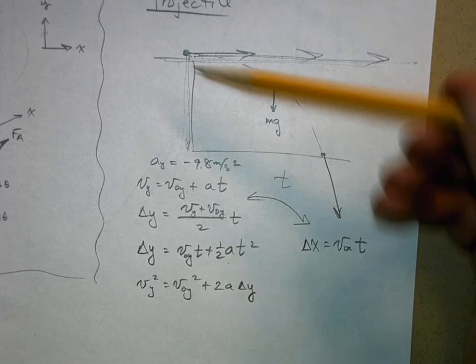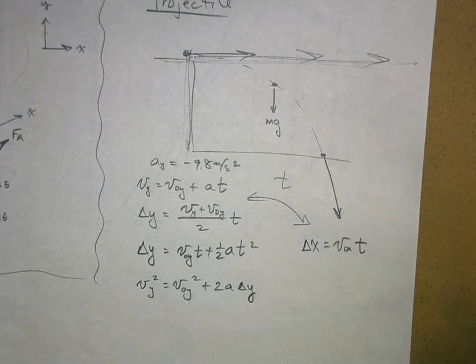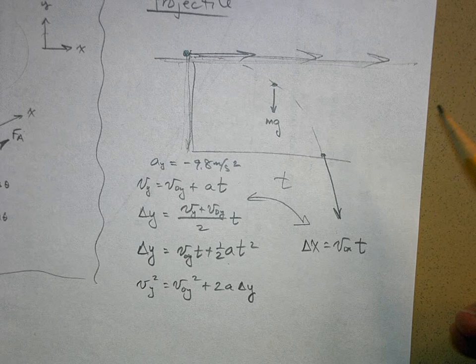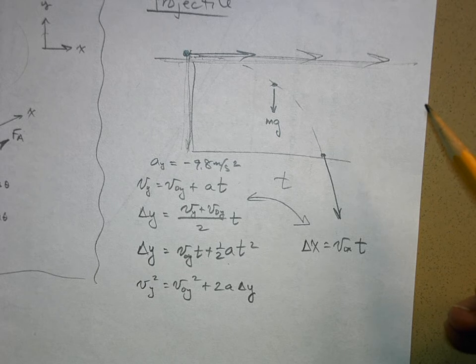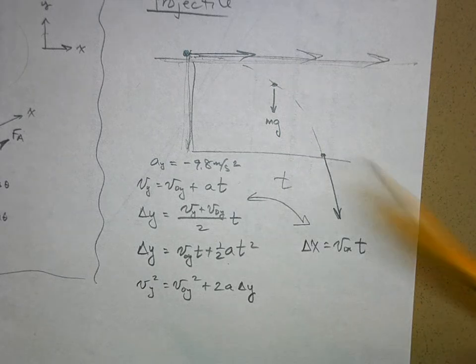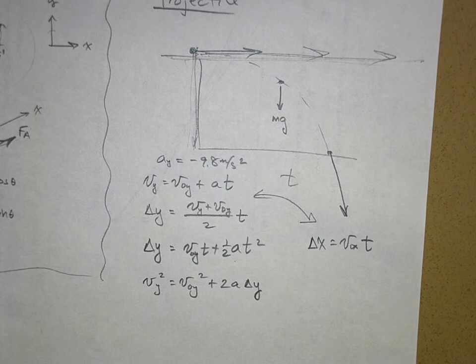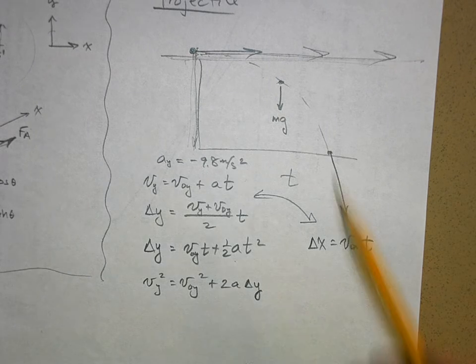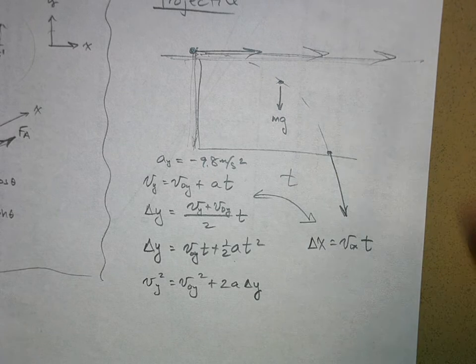Well, it's the same as if you just took the bullet and dropped it. It's the same amount of time. It's just that the bullet is going so fast in the horizontal direction, in that small amount of time it takes for it to fall, it goes a long, long way. Now, if you tilt the bullet up, yeah, then you got different things going on. And remember, we're neglecting air resistance here, of course.